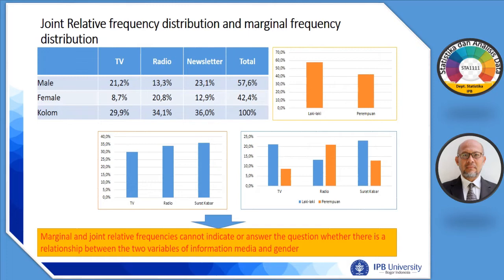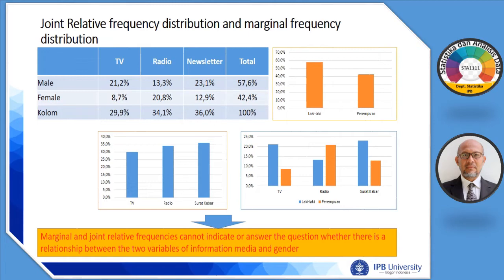For example, with television, male is more than female, but through radio, you can see here that female is more than male. But through newspaper, male is more than female. So this is describing the joint relative frequency through the graphic.